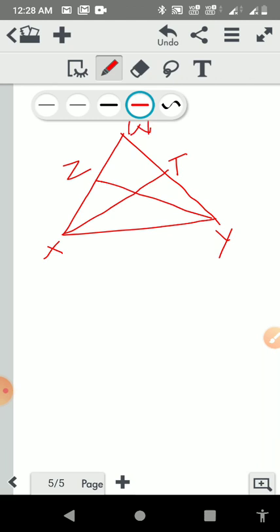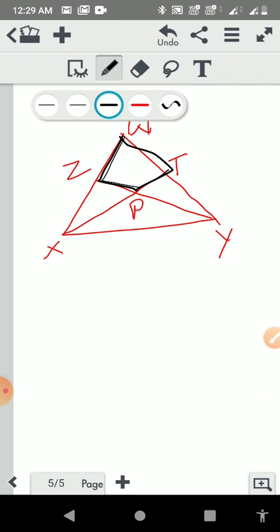Now the first thing we have to prove is that this quadrilateral WZPT, so here point P is there. I forgot to write here, this is point P. So I have to prove that WZPT is a cyclic quadrilateral, and second, XZTY are concyclic. Okay, so we will see.